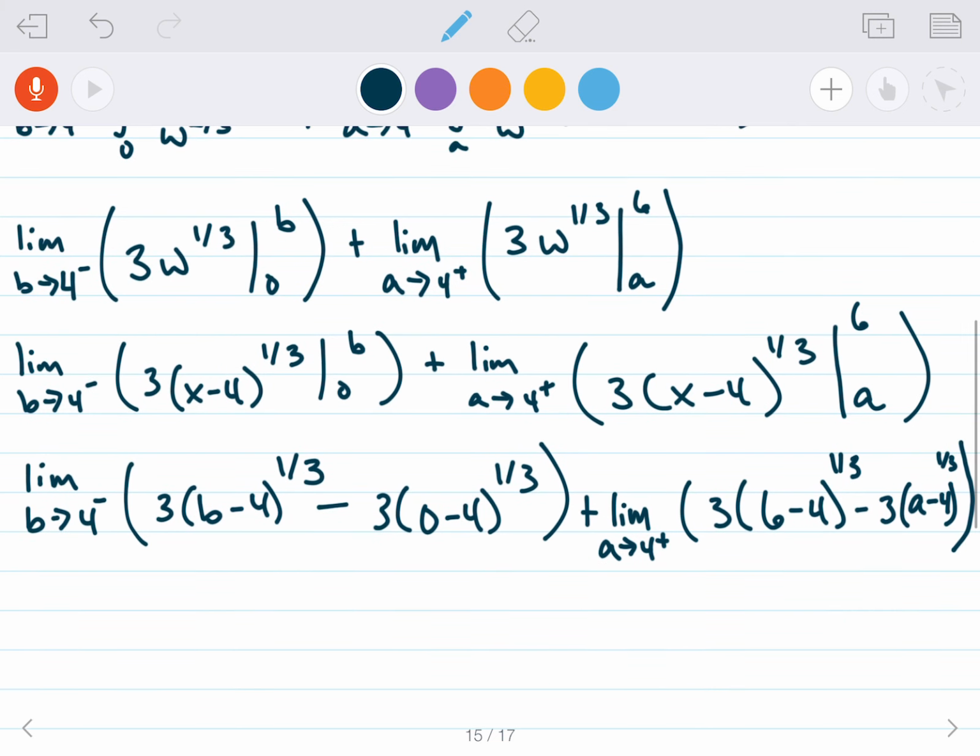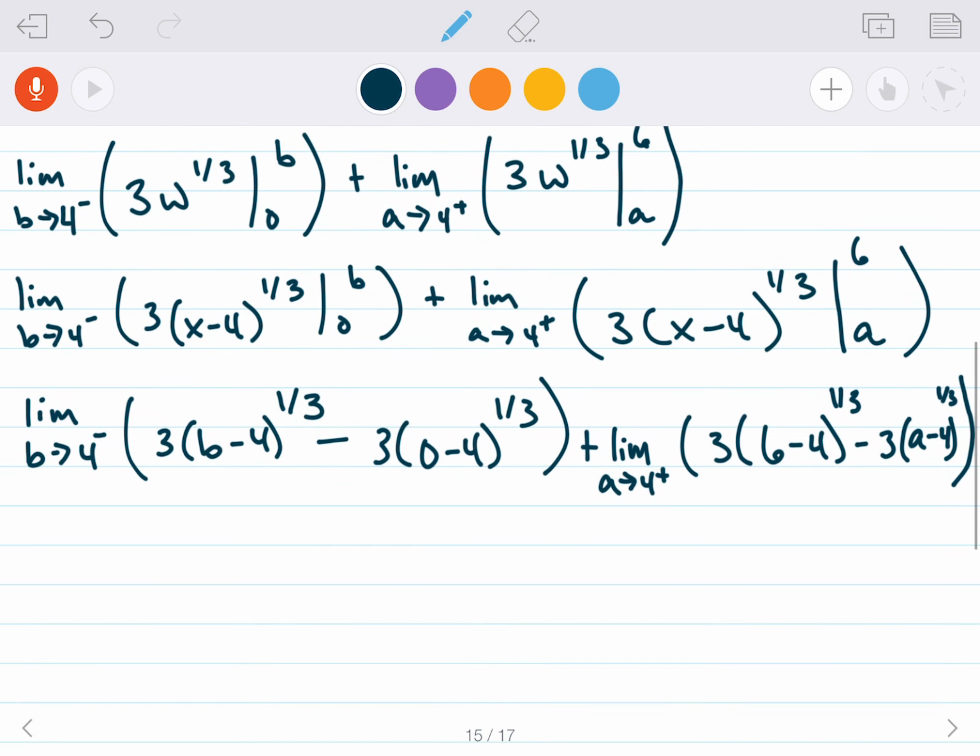Okay. All right, cool. So let's go ahead and evaluate our limit. So we're plugging in b is equal to 4, right? So let's do that. If we plug in 4 in for b, then this whole thing becomes 3 times 0 to the 1/3 minus 3 times (negative 4) to the 1/3.